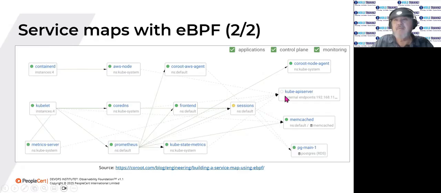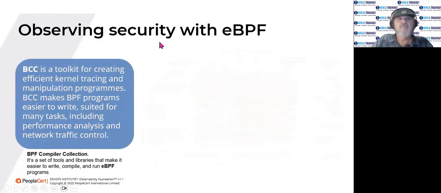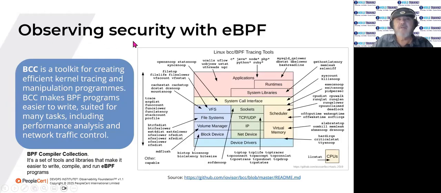Those in turn could be mapped to API servers. Again, it's just a way to help map out the different connections and understand the relationships between different components, which then can tell you something about concerns and vulnerabilities. This is a way of observing security with eBPF.